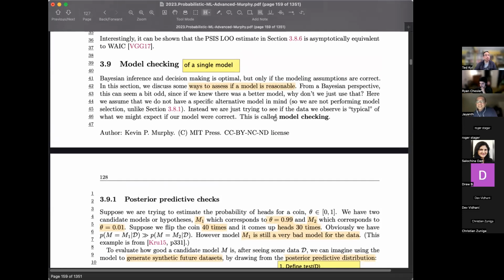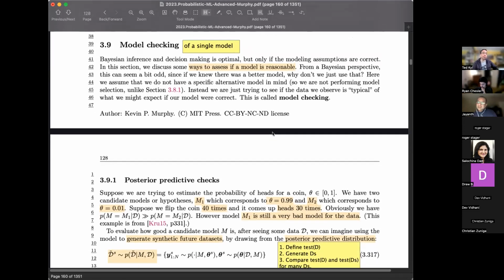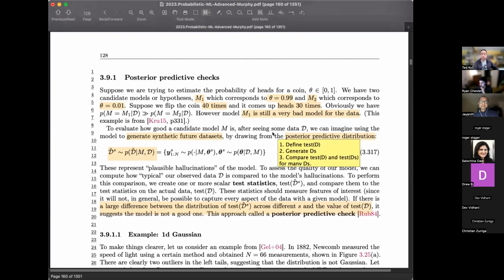So, model checking. I'll keep going. Model checking is of a single model. If you're given a model, can you tell whether this model is good, or good enough, or too bad?